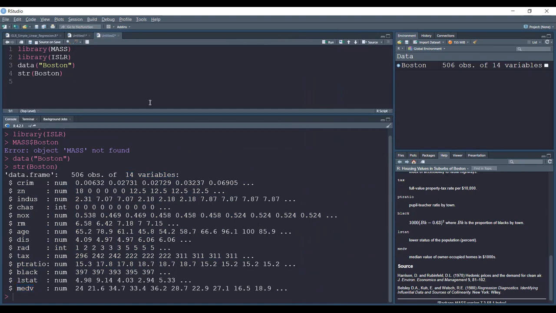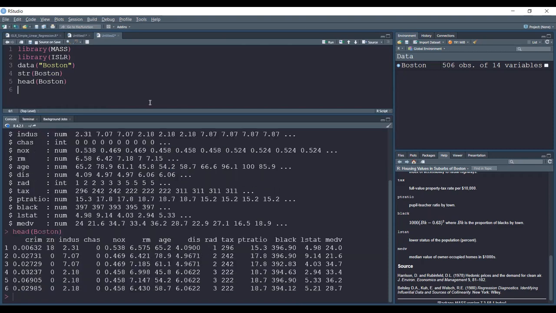So we'll type head Boston. This gives us the first 6 records. By default, we have the first 6 records. Have they actually all fit in? Yes, they've all fit in.